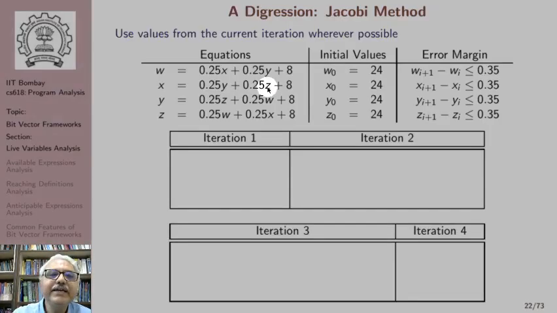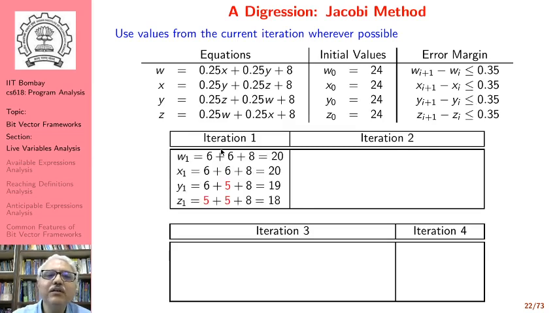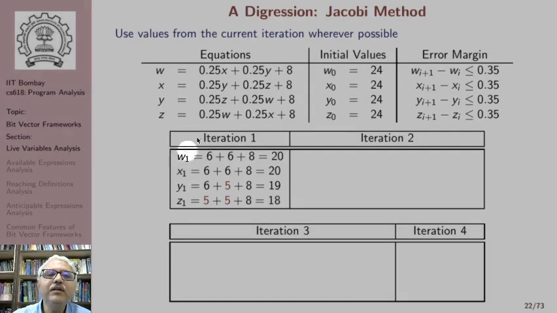The idea is that we use values from the current iteration whenever possible. So we solve exactly the same set of equations with the same initial value and the same error margin, and then we see that in iteration 1 we start getting different values. Observe what we have done. For W1, because we want x and y and there is no initial value of x and y, we use x0 and y0, and therefore we get W1 and x1 as 20.